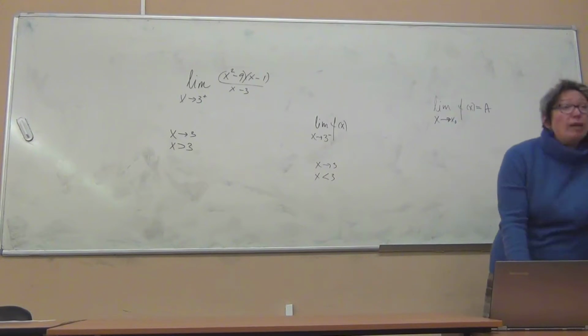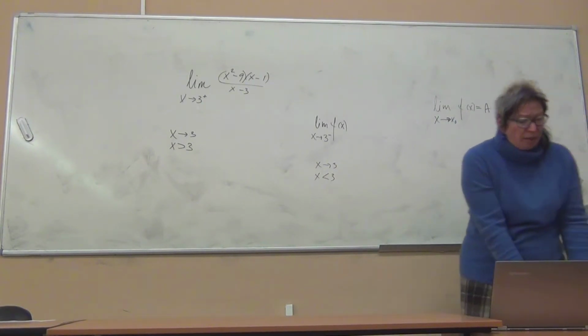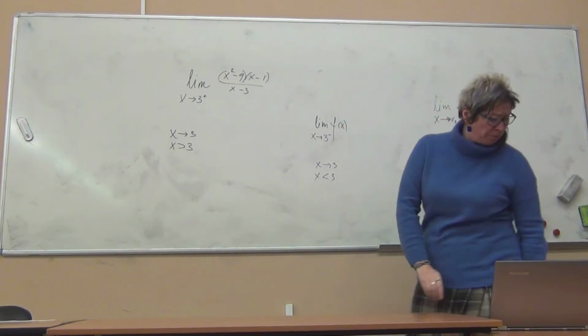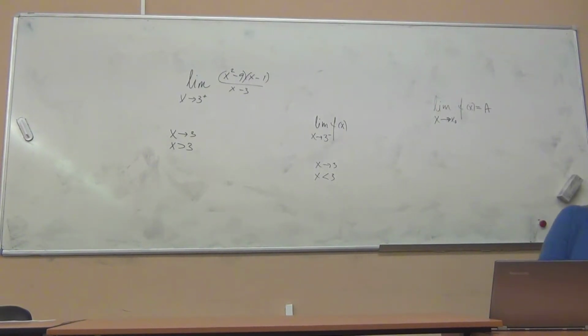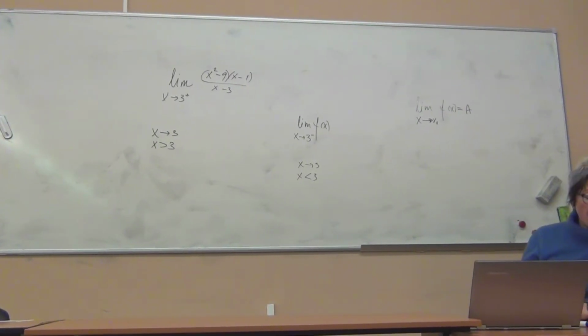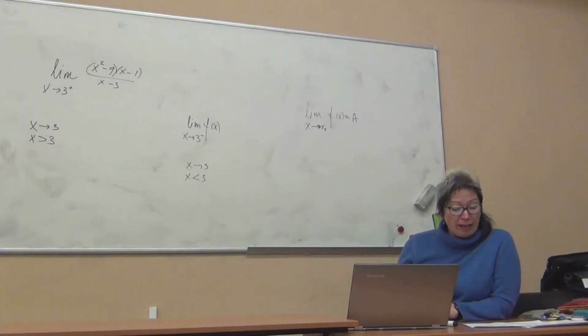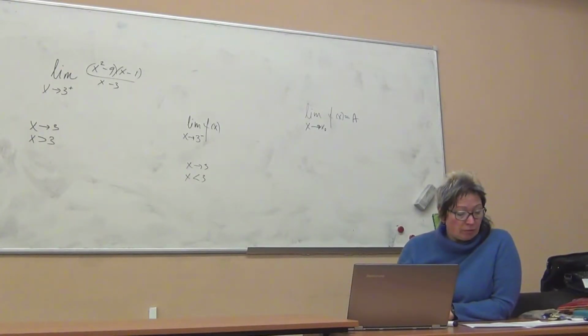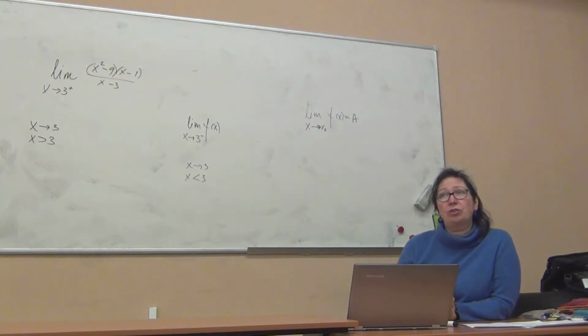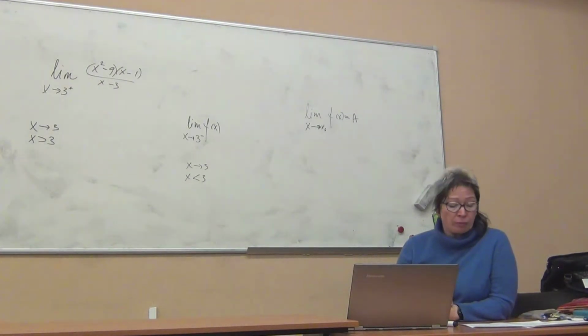There might be several situations, as you can see. The function value could be the same as the limit if the limit exists. The function value could be defined but different from the limit. I'll just show you in a couple of moments.